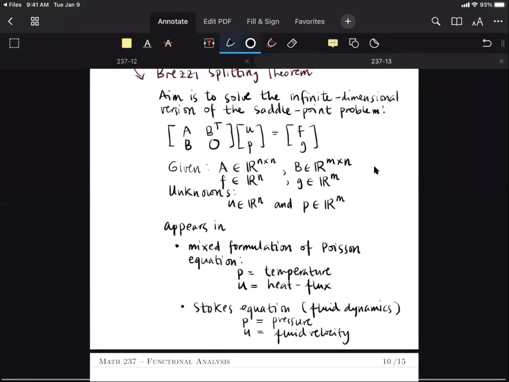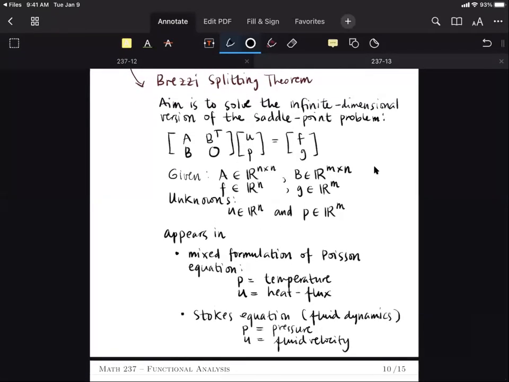Well, these ideas can be utilized again to establish the existence and uniqueness of solutions, and using the so-called finite element method, we can even determine approximations of these problems.